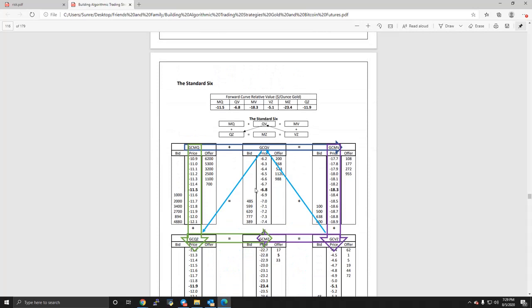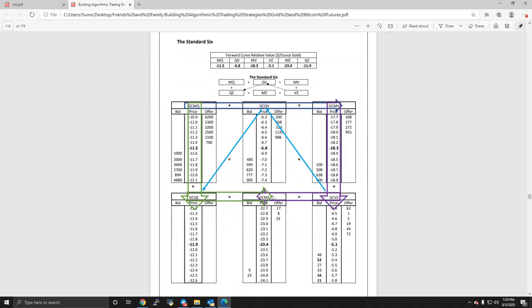And now let's just take a peek at a diagram of what the standard 6 execution protocol really looks like from a visual perspective. We have our markets here from the forward curve that we explored in the prior pages just now. So we have the MQ, the QV, the MV, the VZ, the MZ, and the QZ calendar spreads.